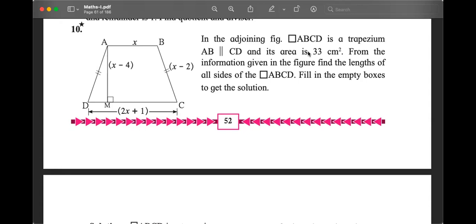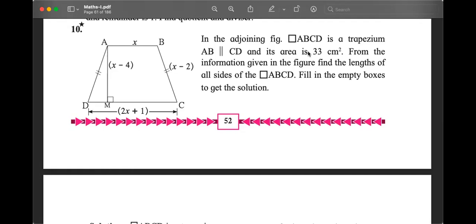What we have to find is the length of all the sides. That means the length of the side AB, the side CD, the side BC, the side AD. But before we even try to find the lengths of the sides, look at the diagram very carefully.